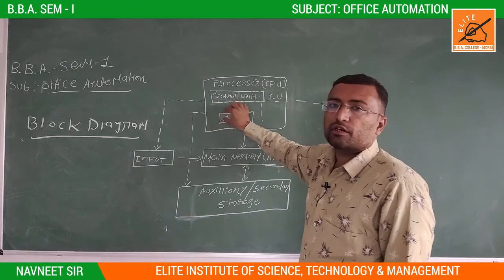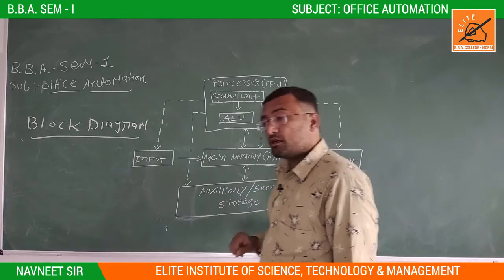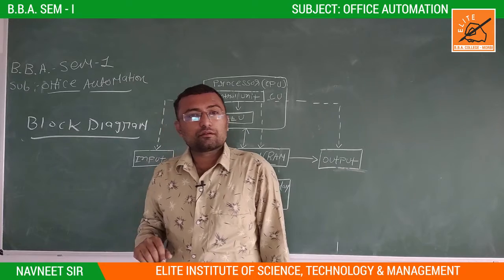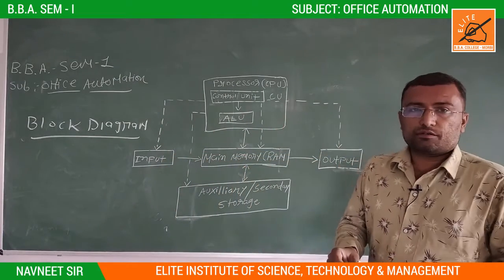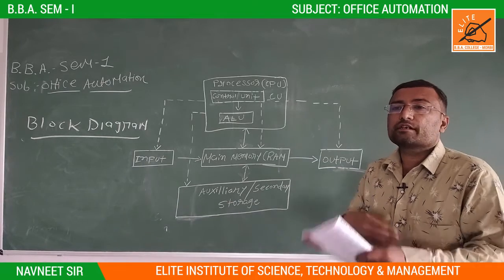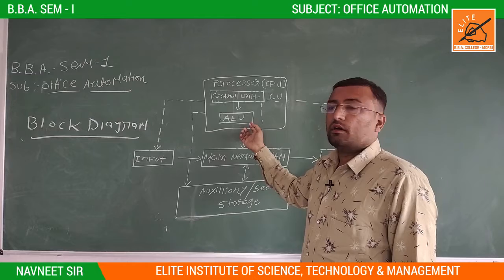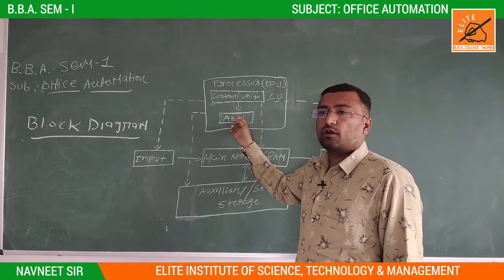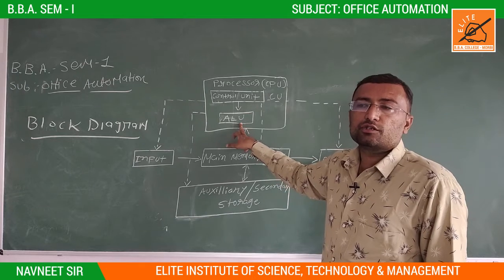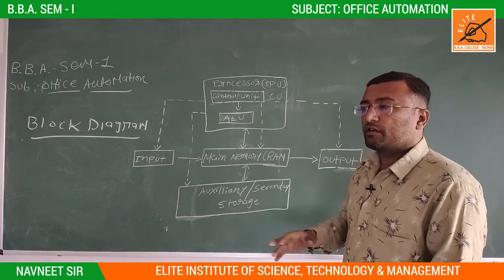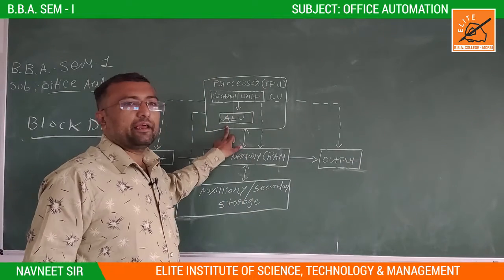Then ALU, that is arithmetic and logical unit. What does the arithmetic and logical unit do? The arithmetic and logical unit does calculation. Actually, execution of instructions and calculation, all these things are done at the ALU. Whatever calculation we want to do is done by the ALU.